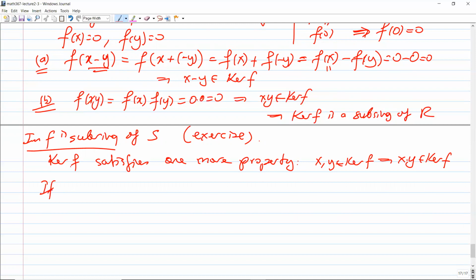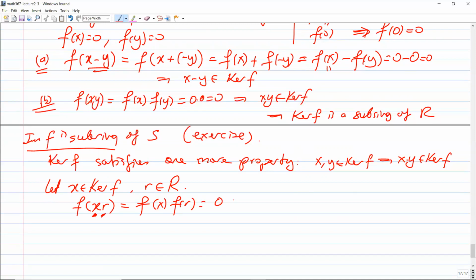Let x be in the kernel of f, and r be an arbitrary element in R. So if you look at f(x times r), x is in the kernel, and r is in R. So it is f(x) times f(r), and f(x) is 0 times f(r), and we showed that 0 times any element is 0, so that x times r is in the kernel of f.